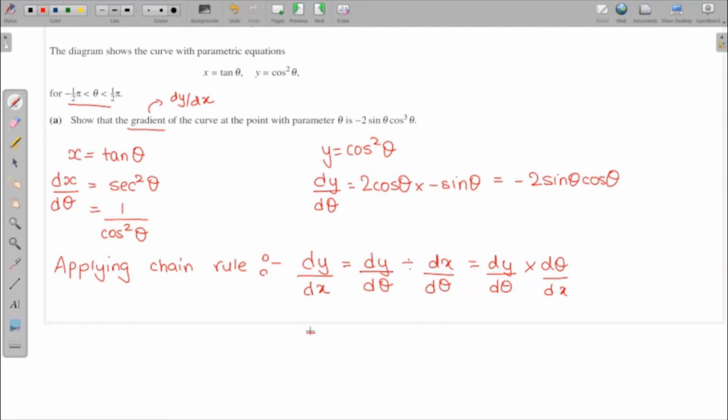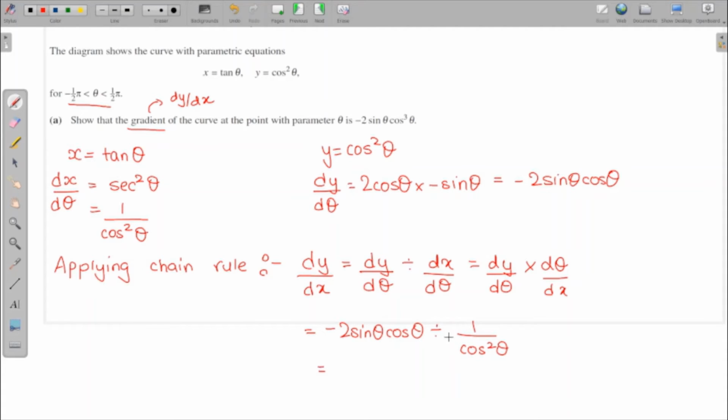So let's do this. For dy by d theta we had got minus 2 sin theta cos theta, and for dx by d theta we had got 1 by cos square theta.